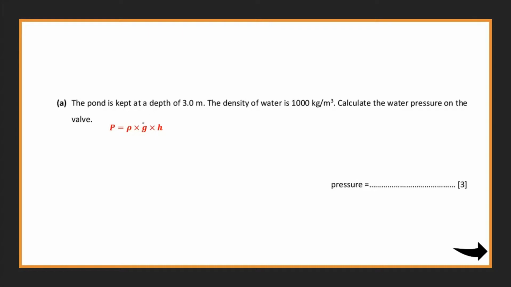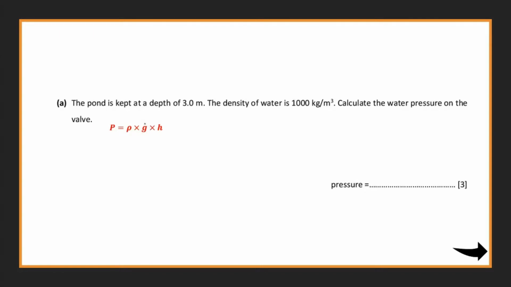The acceleration of free fall is 10 meters per second squared. Even though it is not stated in the problem, you have to memorize the value of the acceleration of free fall.